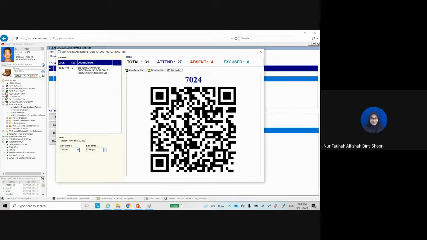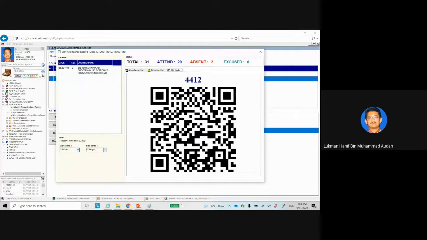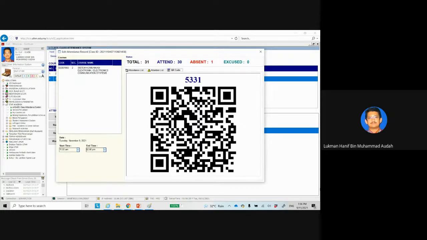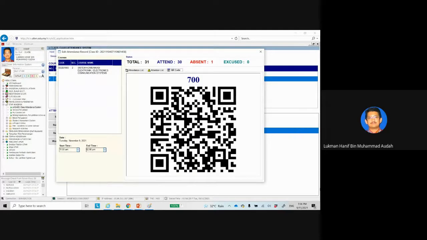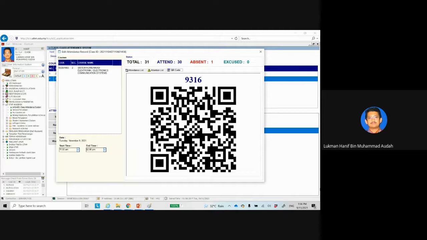Siapa lagi belum scan? Terima kasih, Doktor. Assalamualaikum. Salam. Siapa lagi seorang tak dapat scan? So 3, 2, 1. So one person, one student absent.